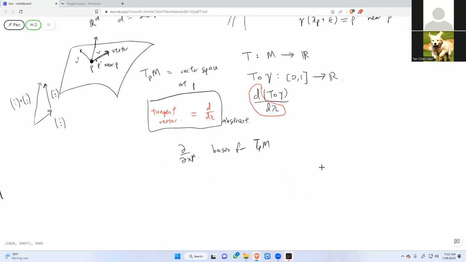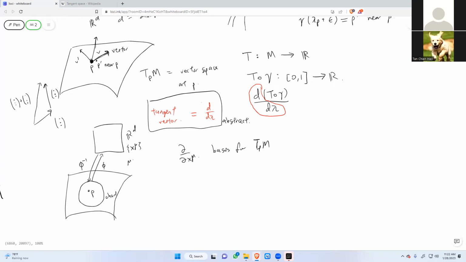Going back to our picture of a manifold, we have a point P, and it's guaranteed that P is in some coordinate chart, and this coordinate chart is a homeomorphism, which means there's a one-to-one mapping with R^d, and R^d is basically a set of coordinates x^mu, where mu ranges from 1 to d.